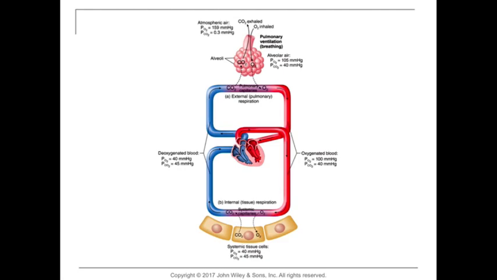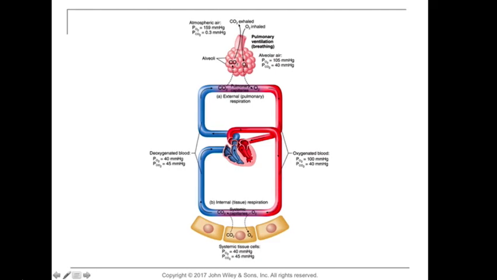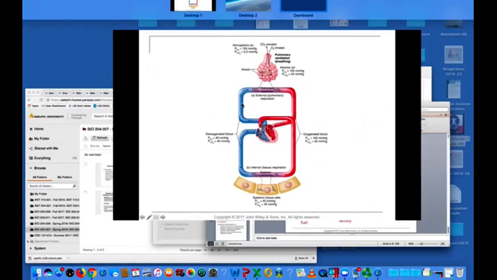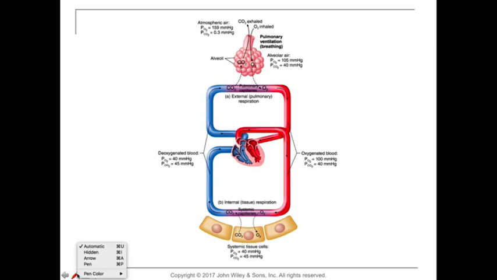Okay, so this is just a really nice illustration showing us, when we look at the heart in the center, that the right-hand side of the heart is pulmonary circulation, and on the left-hand side we have systemic circulation.